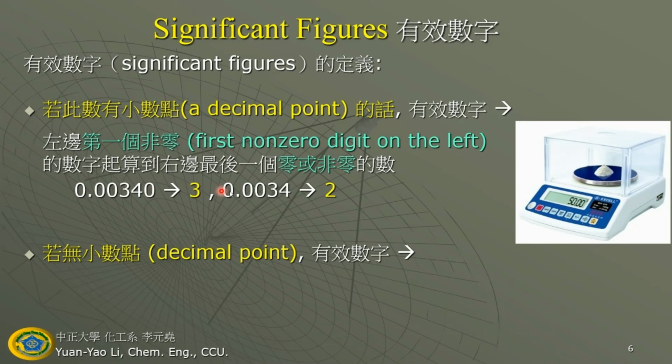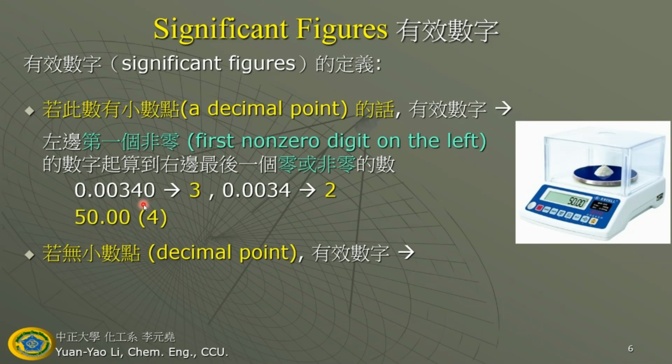This one or this one? Which balance is better to give you better precision? Left, right? Thank you. So you have 5 digital numbers in this balance, and you only have 4 digital numbers in this balance. So although it tells you the same number, it tells you different things, different significant figures.